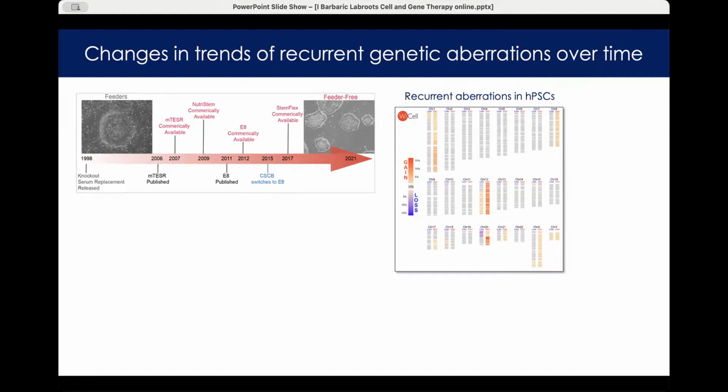To answer this question, we took really extensive karyotyping data sets that we obtained in collaboration with WiCell, a major stem cell bank in the United States.